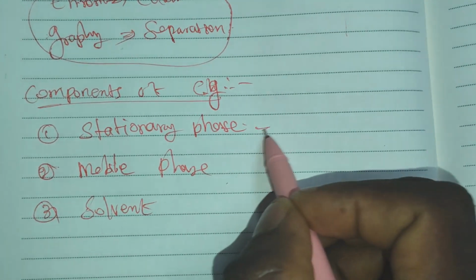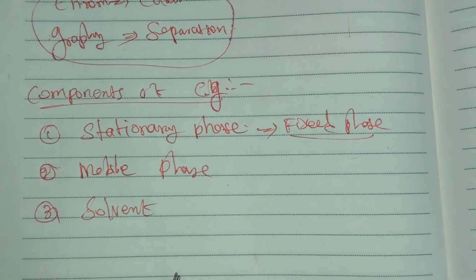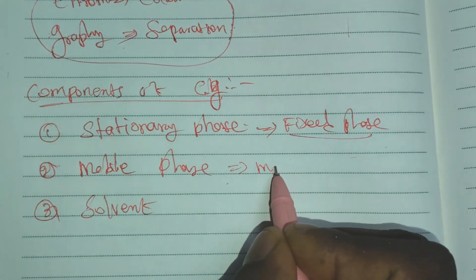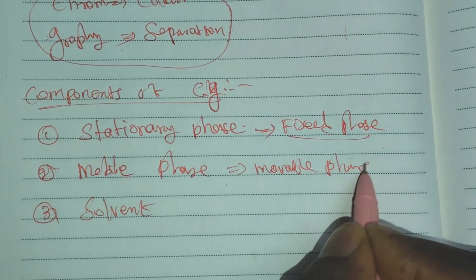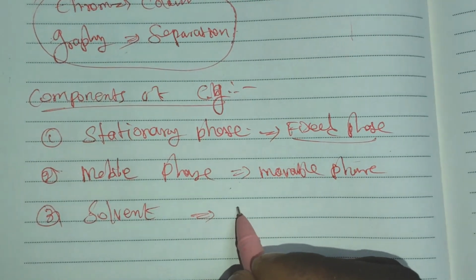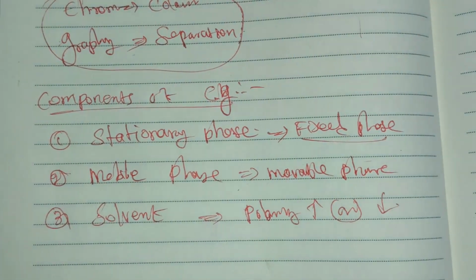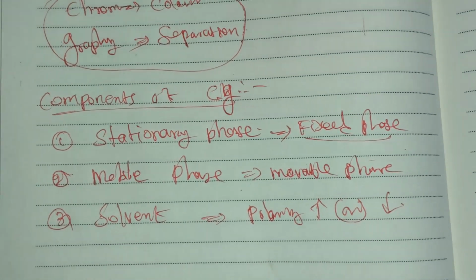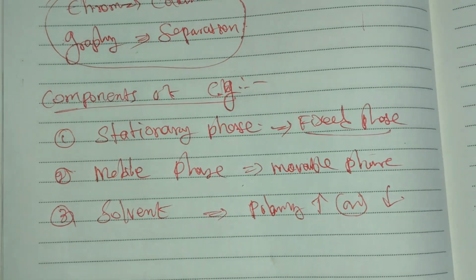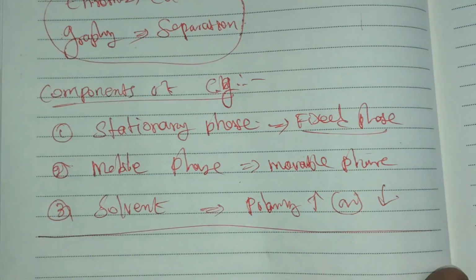The stationary phase is a fixed phase and cannot move, and the mobile phase is the movable phase. The solvent depends on the compound or sample, whether the polarity increases or decreases. Based on our sample, we choose whether the solvent is more polar or less polar.